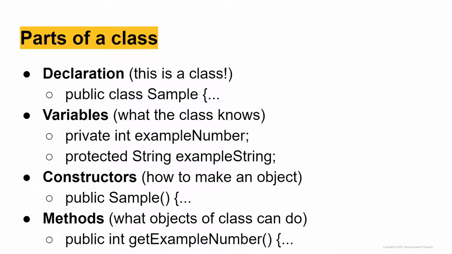Cool. And then after your constructors are going to be your class methods. Unlike the variables, which is what the class knows, the methods are what the class can do, or what objects of the class can do. These are declared similarly to methods in any other class that you've seen. You're going to have the access indicator, which is how protected it is, and then the return type of the method.